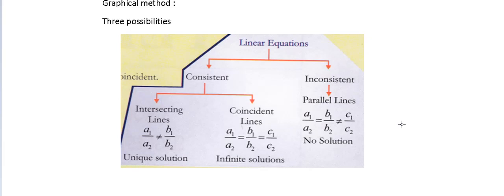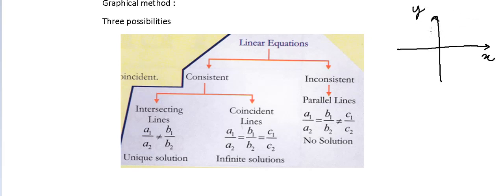The first possibility is to get intersecting lines. The second is you will get parallel lines, and the third you will get coincident lines, right? If you plot a graph, this is your x-axis and here you have your y-axis, and you will solve the linear equation. There are three possibilities.